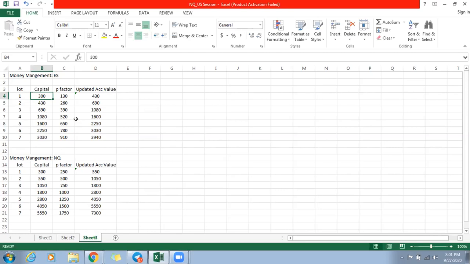For ES, for example, if I trade the 10 minute or 5 minute time frame, because I'm scalping, I would say okay, 300, and I will go with one lot position size until I reach a total net profit of 130, so the account value is 430 US dollars. With that, I allow myself to increase my position size to two.